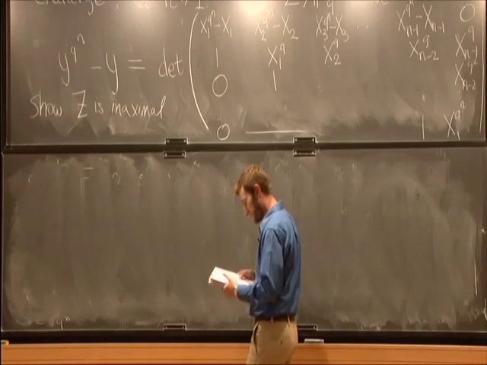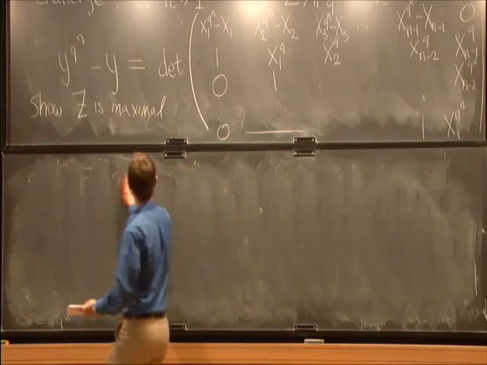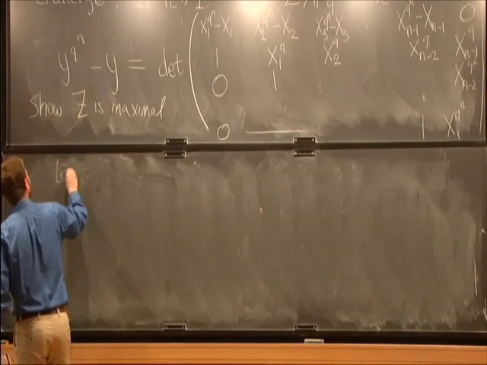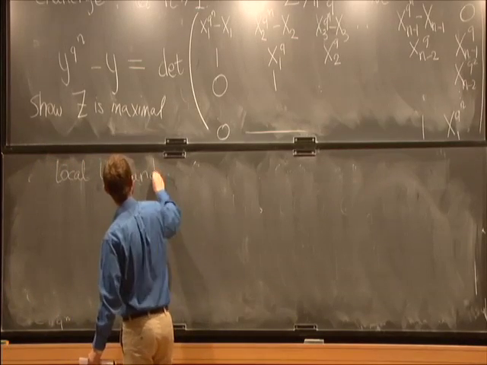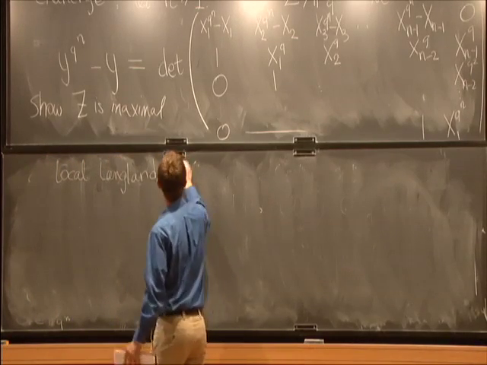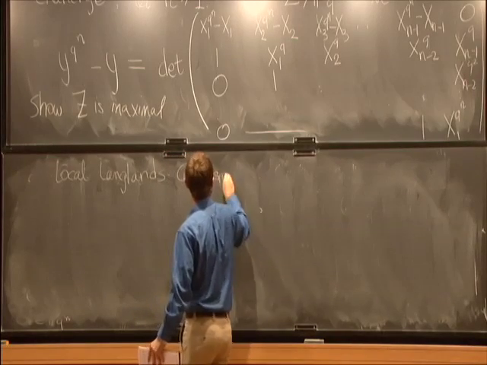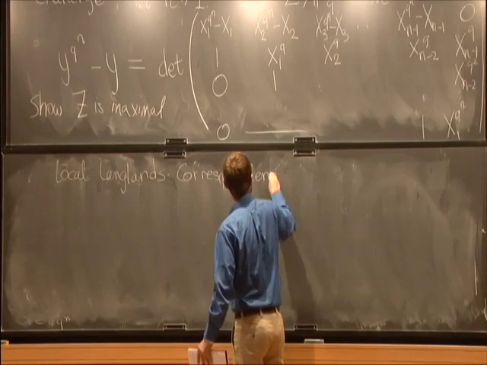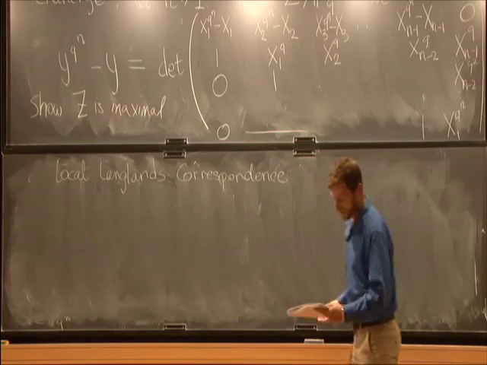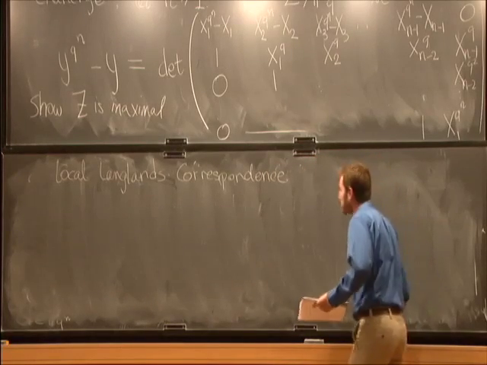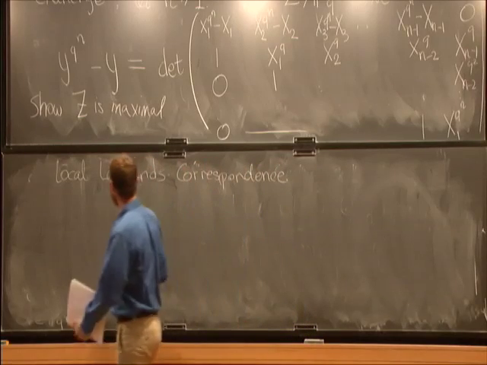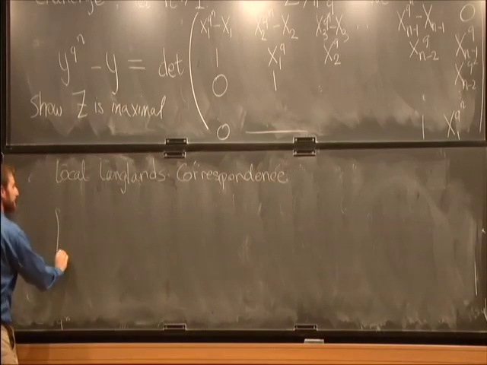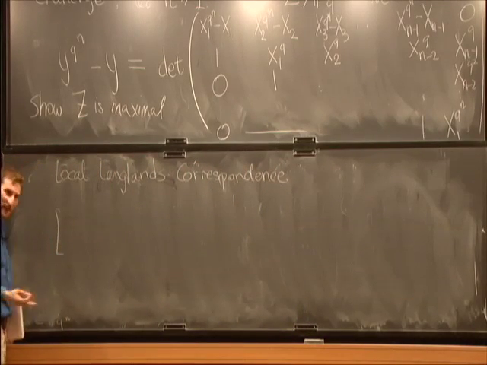Perfect. OK. So I'm going to bring up something that's been referred to by many of the other number theorists here. It's the local Langlands correspondence. And I'll run through it very, very quickly. So on one side of it, it's a bijection between two sets. And what are the sets?